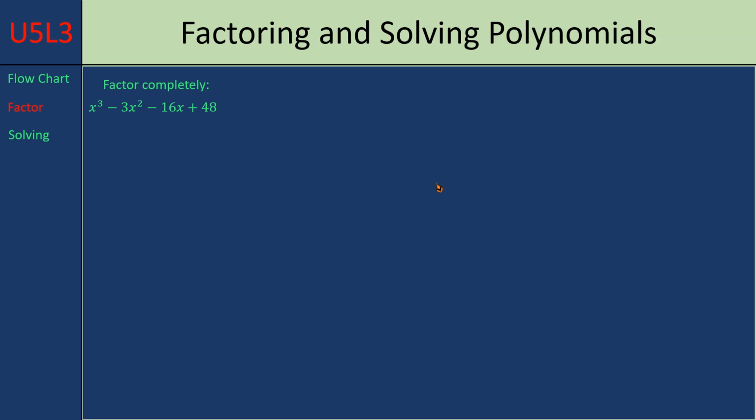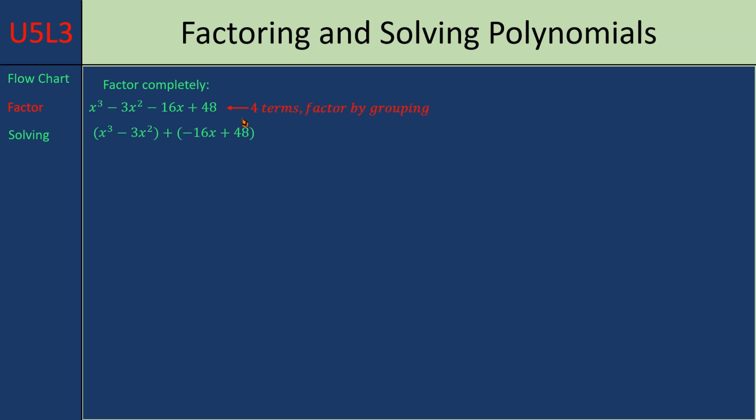Here's this one. First step, GCF. Is there anything to take out? Well, there's no x in the last term, so the variables can't be taken out. And the numbers seem like nothing you can take out either. So there's no GCF to take out. You go on to the next step. Is it 2 terms, 3 terms, or 4 terms? This is 4 terms, so you just factor by grouping.